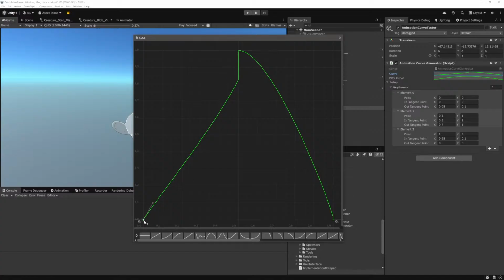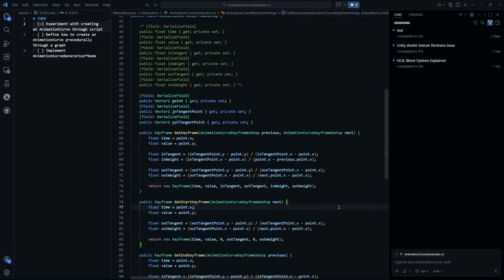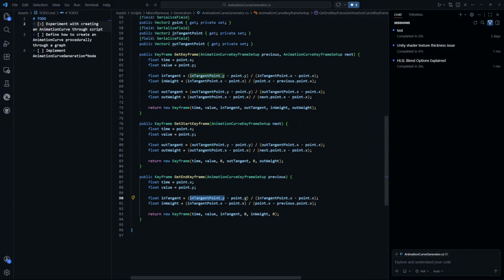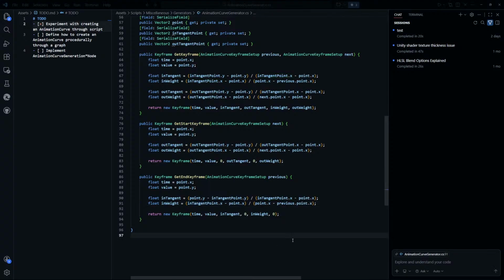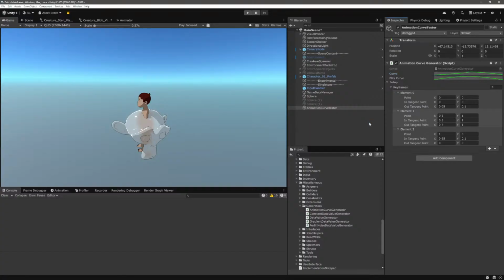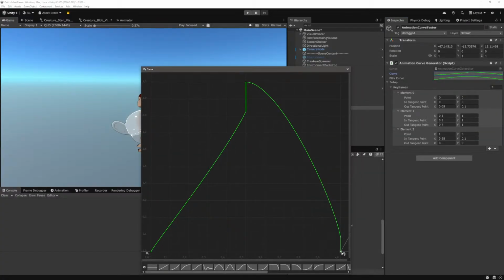Okay, it seems like the intangents are not calculated the correct way. Why not? Or rather, I think... Okay.